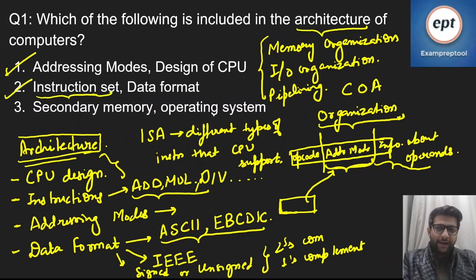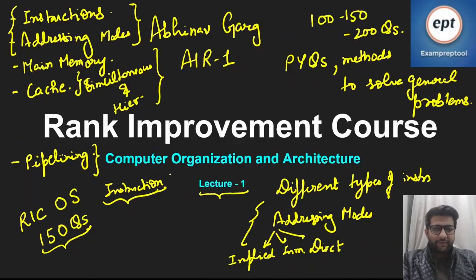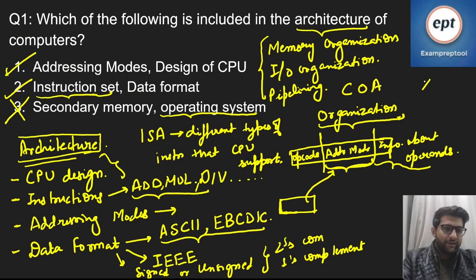The secondary memory and the operating system. These are not a part of computer architecture. So any operating system can be run on any architecture, right? So let's say you have an x86 architecture, right? So you can run the Linux operating system on it, and you can also run the Windows operating system.